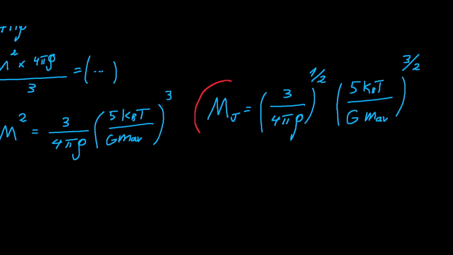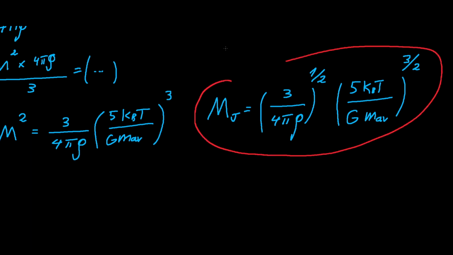So this is the expression for the Jeans mass. Of course, there are a couple of variations. You can have the radius of the nebula instead of the density, but you can also write it like this. This is the temperature. So this is the critical mass of the nebula as a function of the average density, the average particle mass, and the temperature.